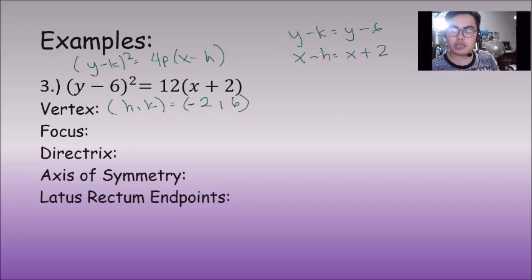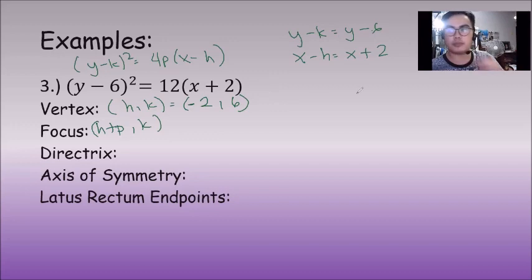If h and 2 have different signs, then we can say that our h is negative. So in order to look for the focus, we are going to retain the value of k, since this is a horizontal parabola. So h plus p.